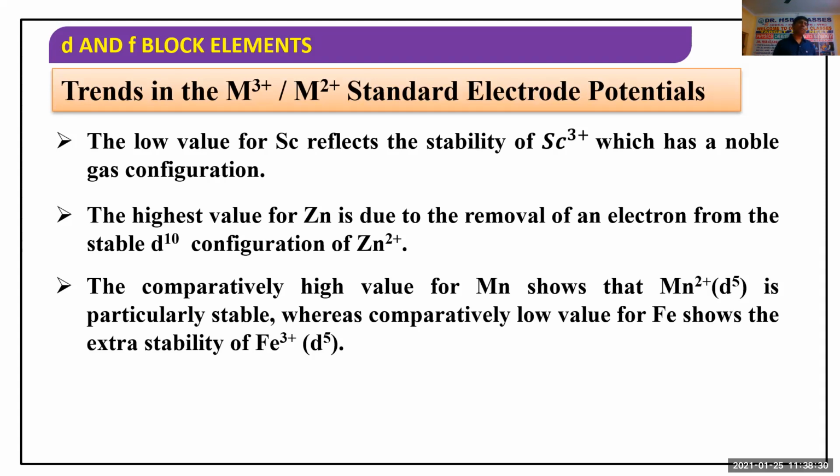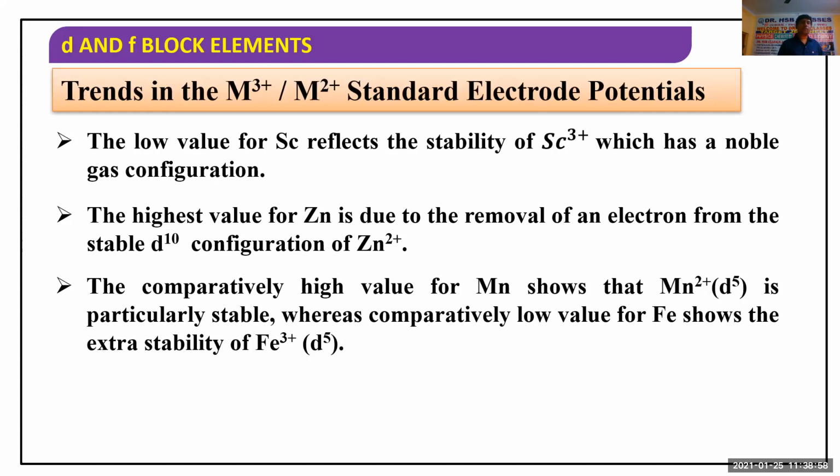The low value of reduction potential for scandium reflects the stability of Sc3+, which has a noble gas configuration. The highest value for zinc is due to the removal of an electron from the stable d10 configuration of zinc 2+.